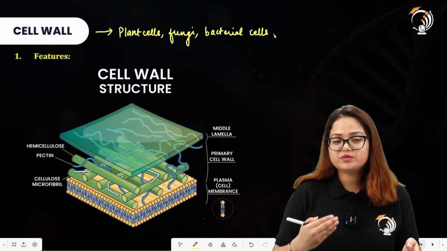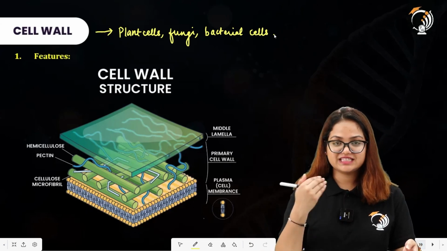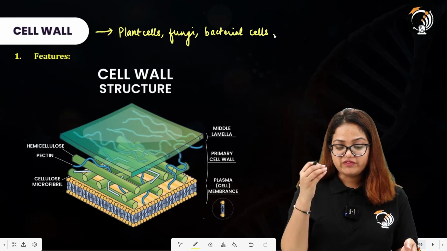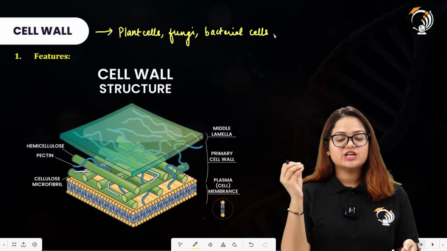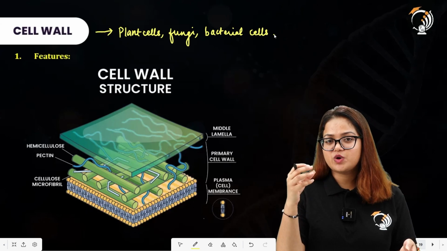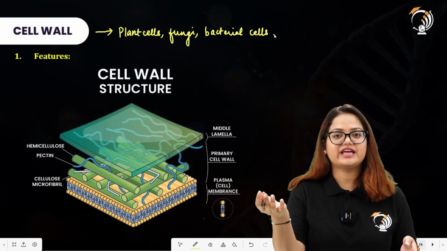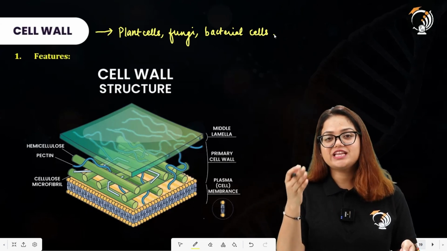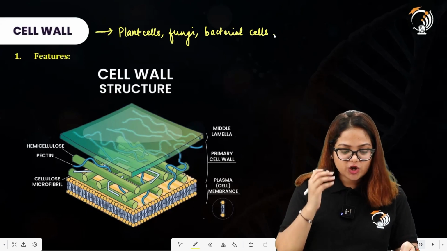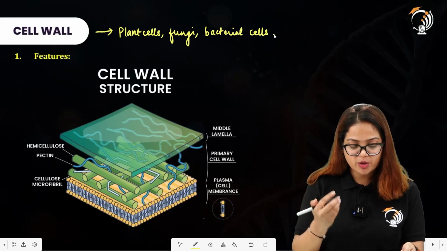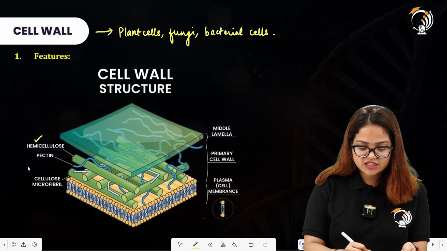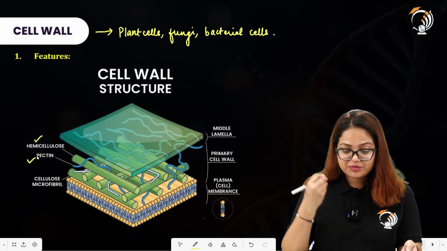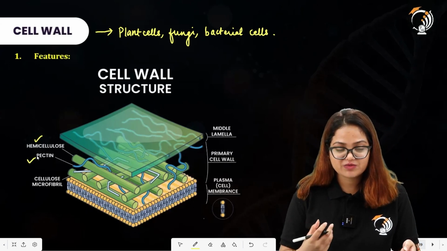The cell wall is mainly composed of cellulose, and the composition of the cell wall in different cells will be different as well. In plants it is mainly composed of cellulose, and along with that we have other components as well. Hemicellulose is there, pectin is there, and proteins are also there to form this cell wall structure.